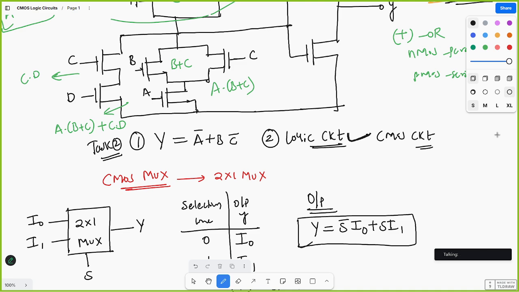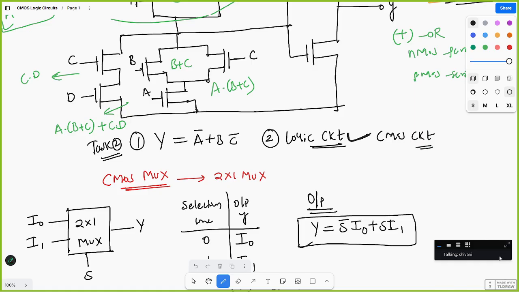In that you go through that logic circuit and get the logic expression. Any doubt means we will discuss tomorrow.